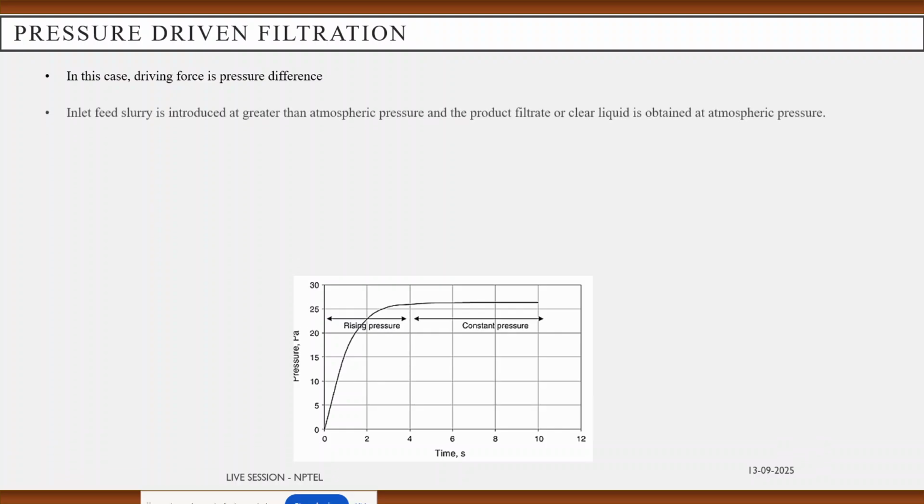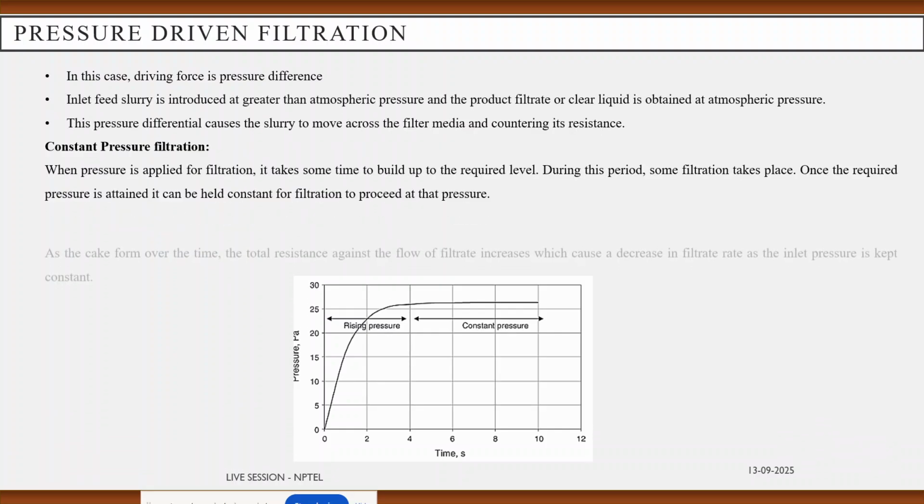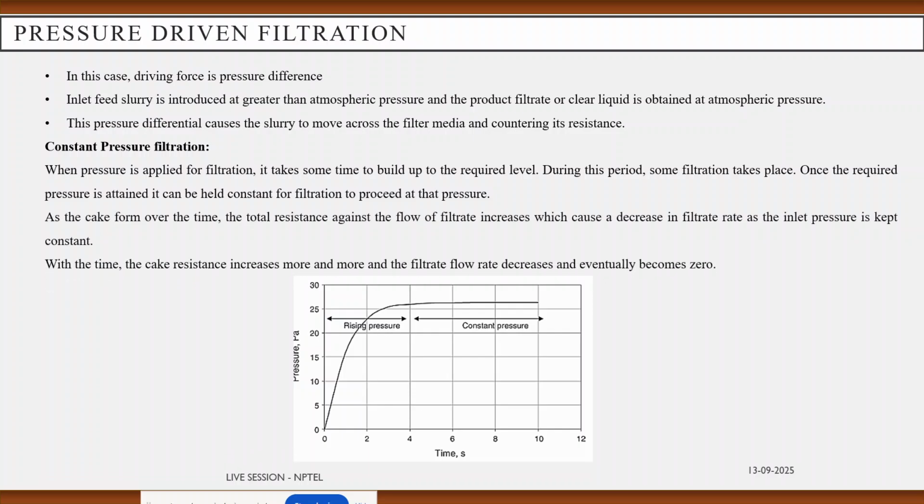So now the process, the driving forces for filtration. We have shortly discussed that driving forces are pressure driven or vacuum driven or maybe centrifugal force, and most commonly gravity driven. The gravity driven one we have already discussed, that is the most common one. Now we will discuss the pressure driven process.